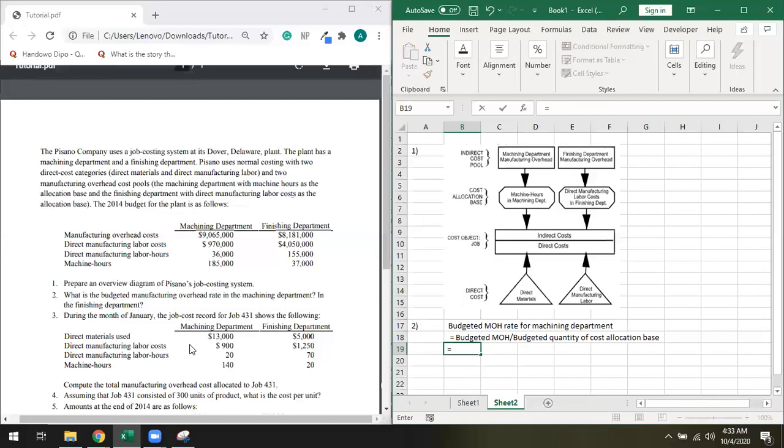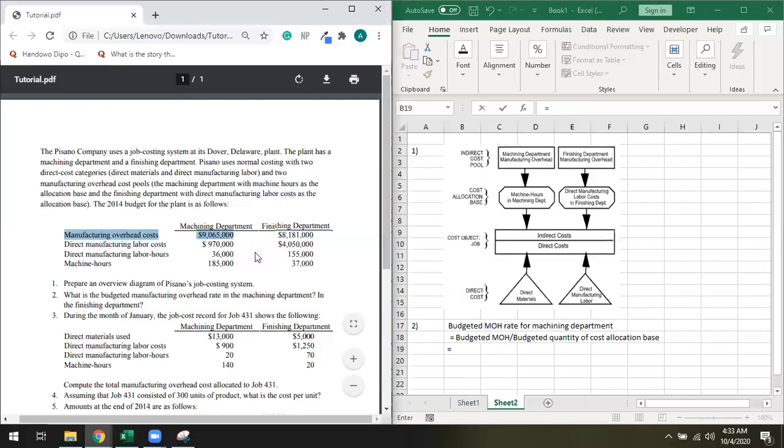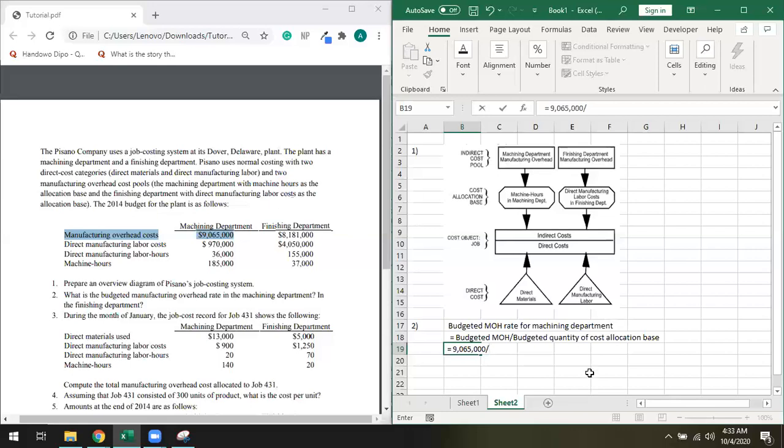The budgeted manufacturing overhead cost for machining department is $9,065,000, divided by the quantity of the cost allocation base. The cost allocation base for machining department is the machine hour in machining department.